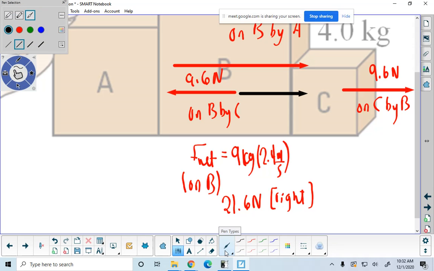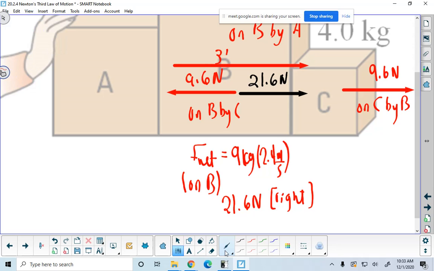And again, this net force must be 21.6 newtons, so the force on B due to A must be a whopping, if we add those two numbers together, 31.2 newtons.